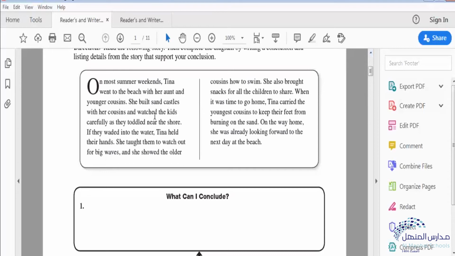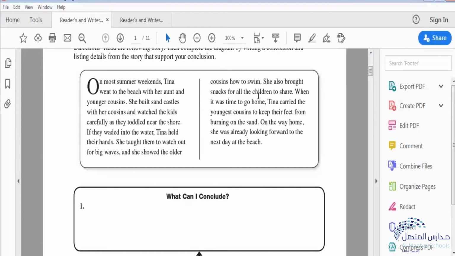She paid attention to them. Then also, she plays with them and teaches them what to do and what not to do. And the other thing was that she bought snacks for the kids. So we have three things from the text: that she watches the younger children carefully, that she brings snacks for them, and teaches them.